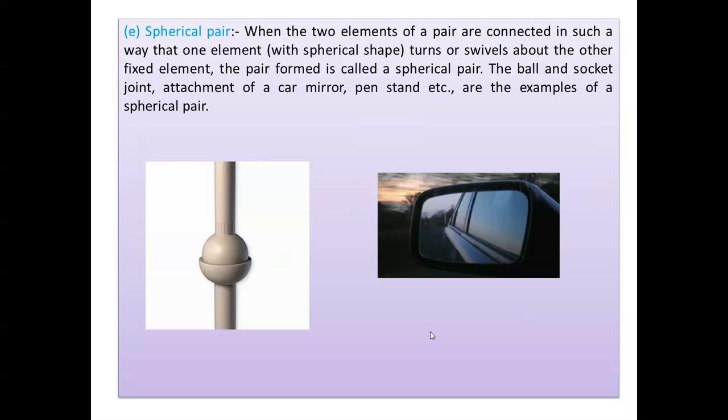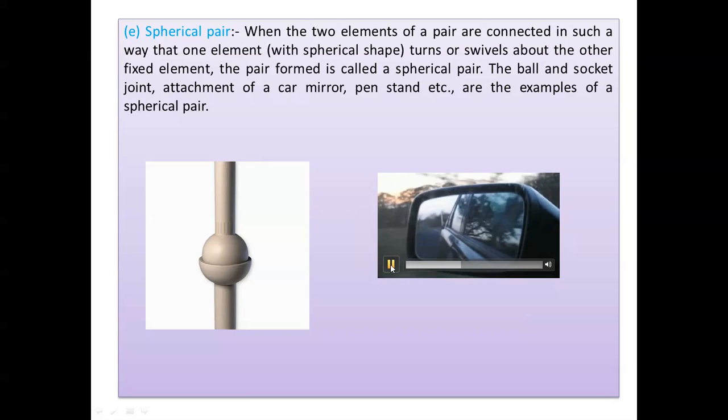Moving next, spherical pair. In the animation, you can see the motion. Here you can say that when the two elements of a pair are connected in such a way that one element which is having spherical shape turns or swivels about the other fixed element, the pair is formed and is called a spherical pair.